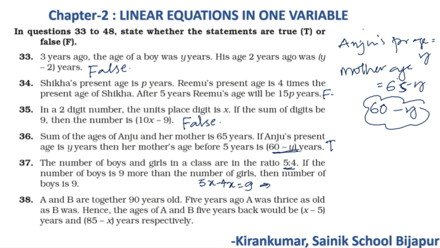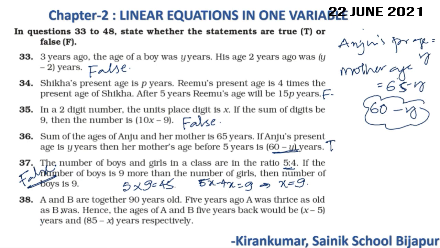From this we get the value of x as 9. If 9 is the value of x, 5 times 9 will be 45. So the number of boys will not be 9, it will be 5 times 9, which is 45. So the given statement is a false statement.